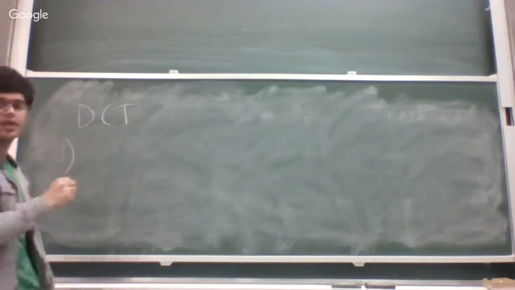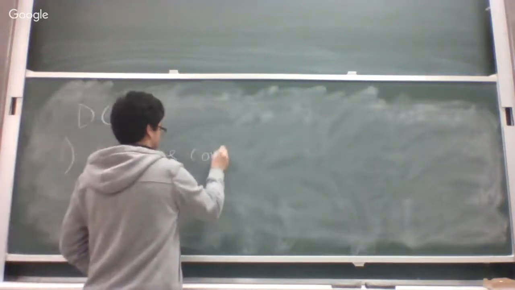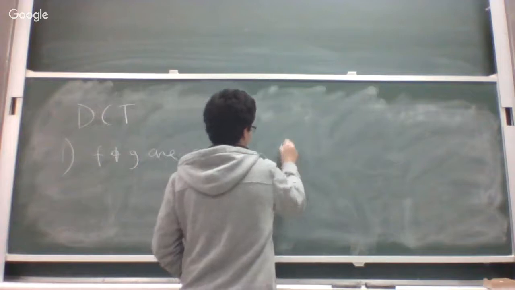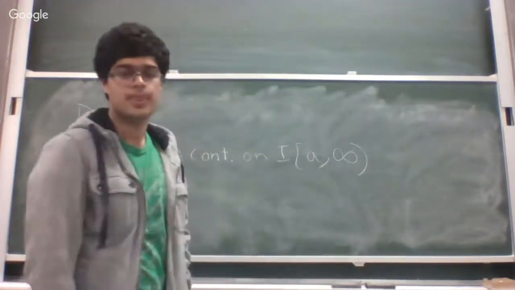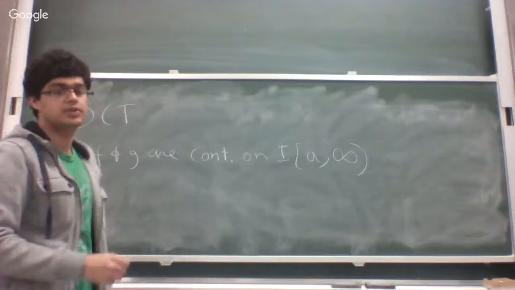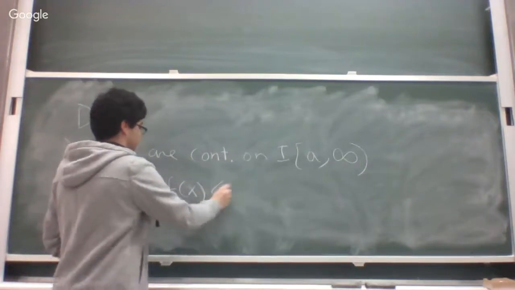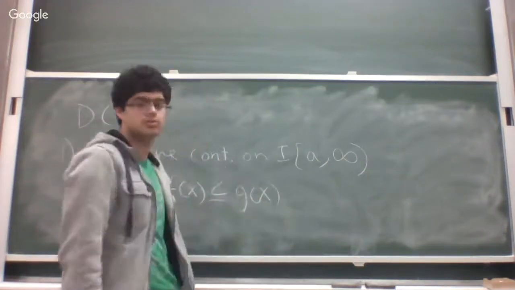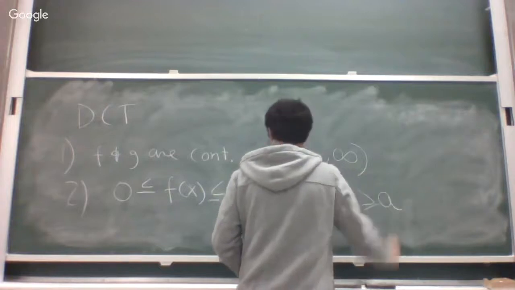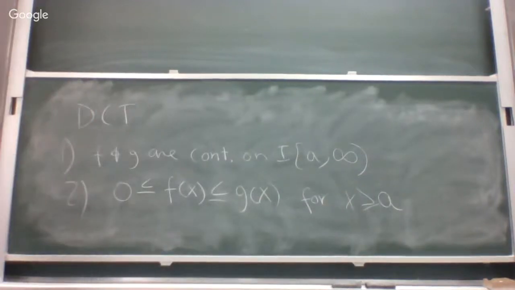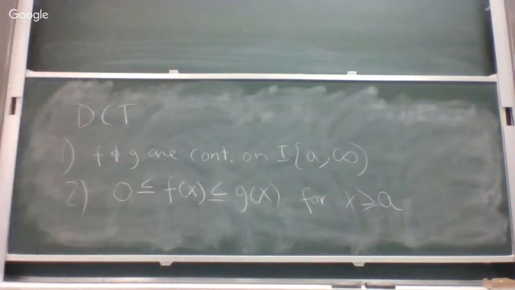So the first condition I have here is f and g are continuous on the interval [a, infinity), and 0 is less than or equal to f of x, which has to be less than or equal to g of x, for x greater than or equal to a. Now those conditions have to be true.